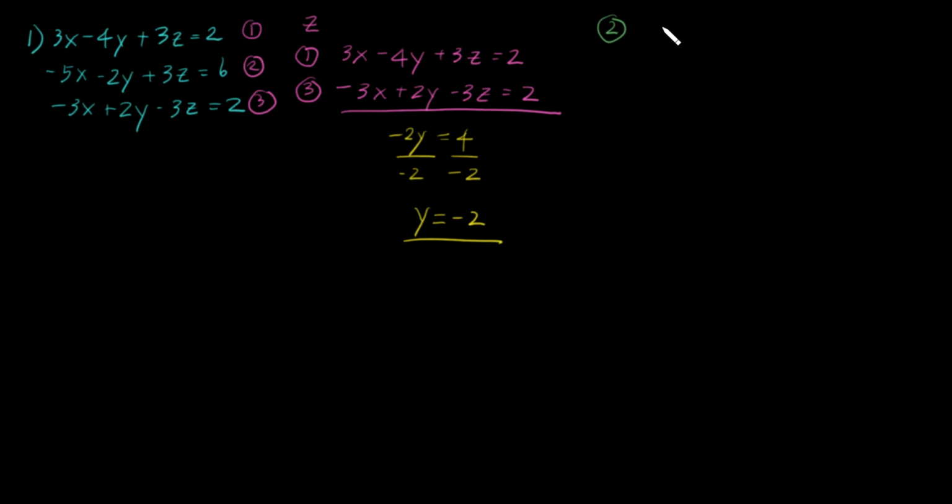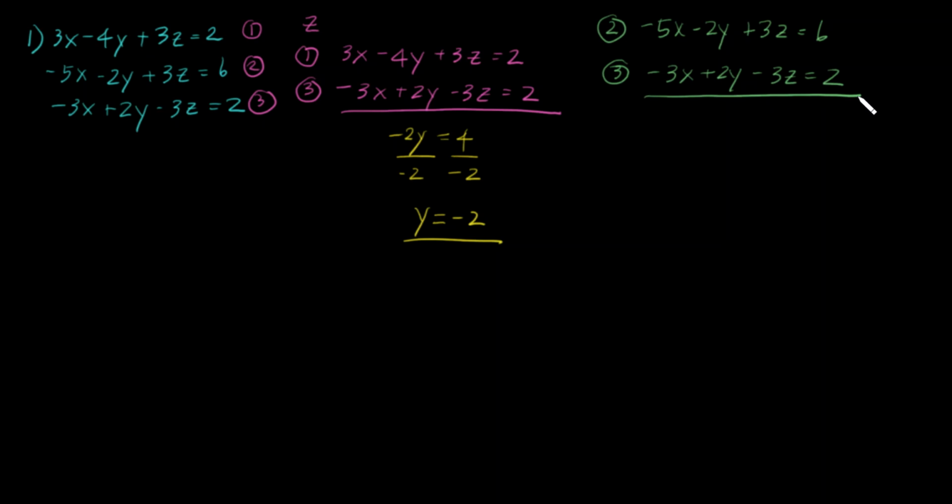So 2 is -5x minus 2y plus 3z equals 6, and 3 is -3x plus 2y minus 3z equals 2.